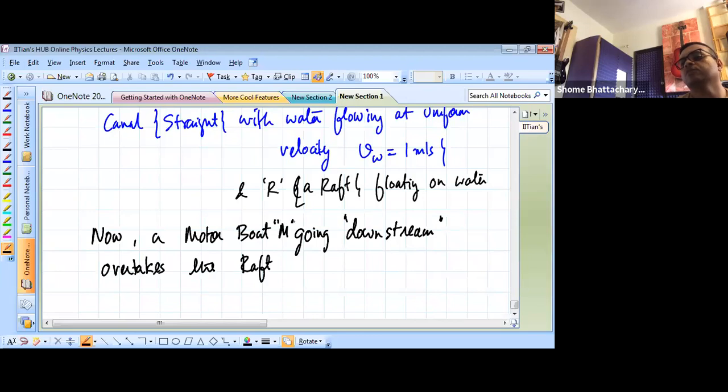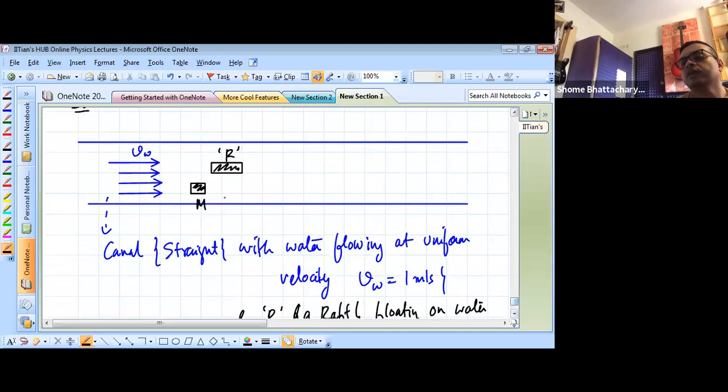So M is that motorboat. At time t equal to 0, this motorboat is actually going to overtake this raft.